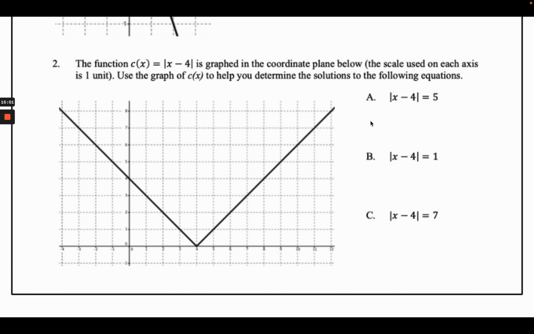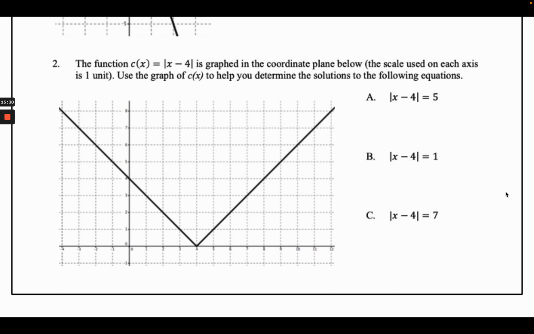I expect you to graph the g of x and then graph where it hits on the x-axis and then also the answers. And again, as you can see, this graph of absolute value x minus 4 has already been graphed for you. And so in A, B, and C, you're only graphing the g of x's. Okay, go ahead and pause the video, graph those, and then we'll talk about these answers.